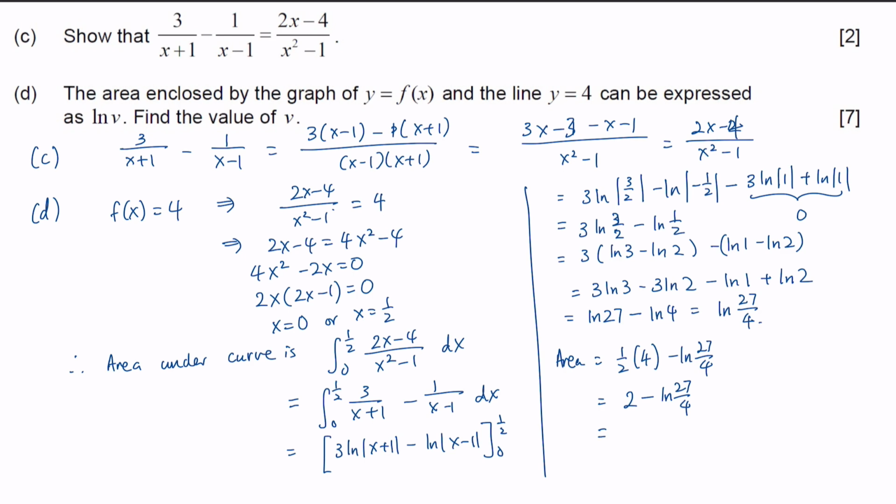Okay, which is, well, if we want to make it into one thing, so this is ln of e squared minus ln of 27 over 4, right? Ln of e squared over 27 over 4, which is ln of 4e squared over 27. Okay, and so therefore v is equals to 4e squared over 27.